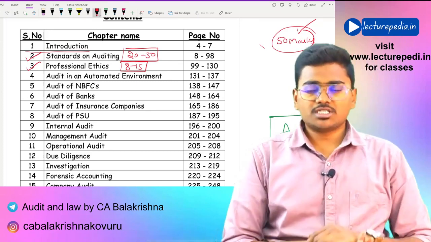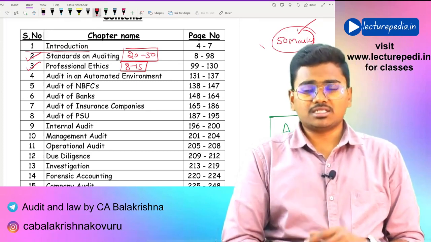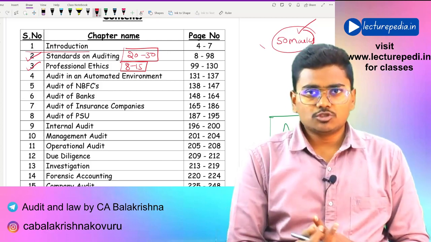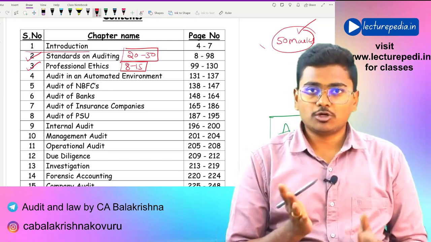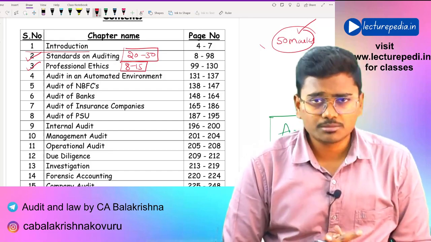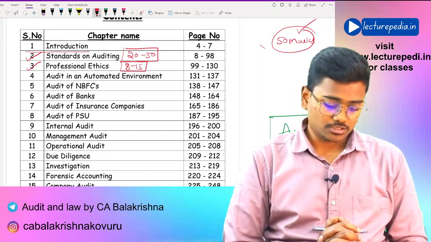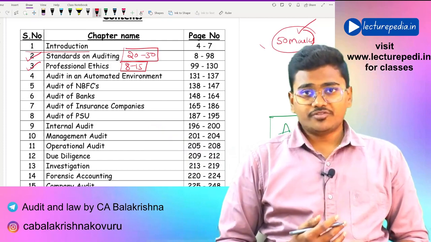In the recent May 23 examination, around 8 marks were asked in the theory portion, and in the MCQ portion 2 or 3 marks might have been asked. So around 10 marks were asked in the recent examination. So the weightage is 8 to 15 marks.